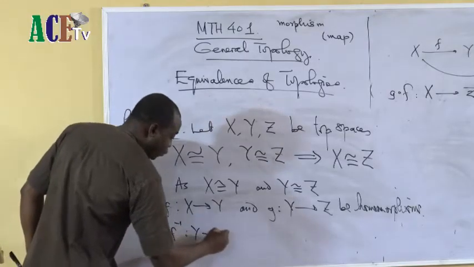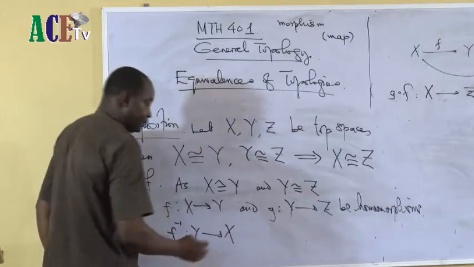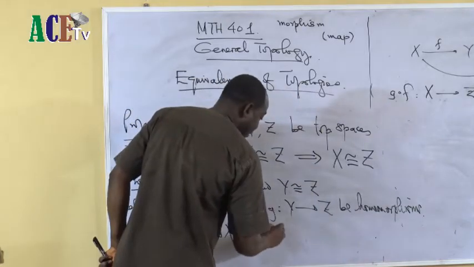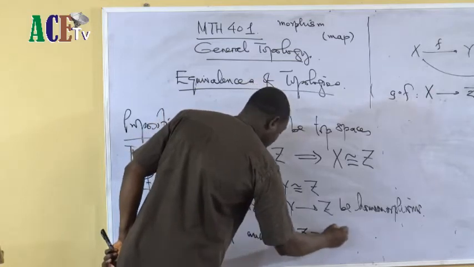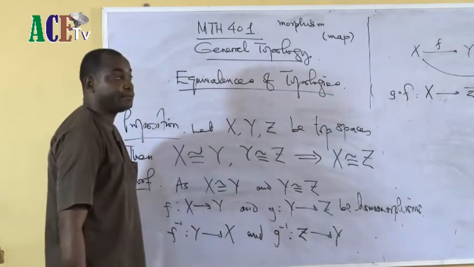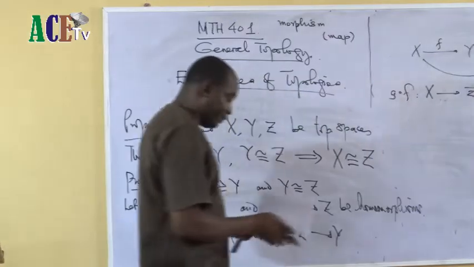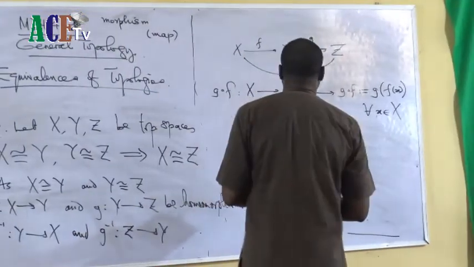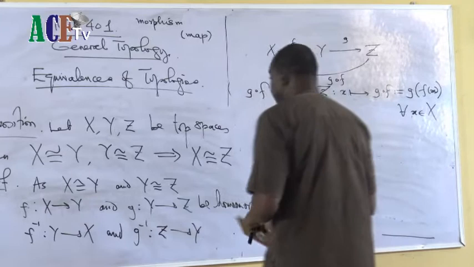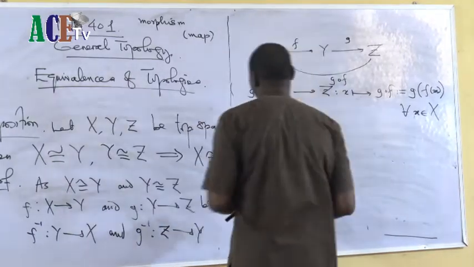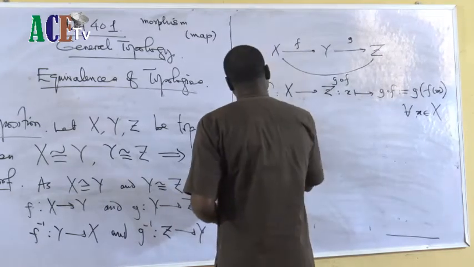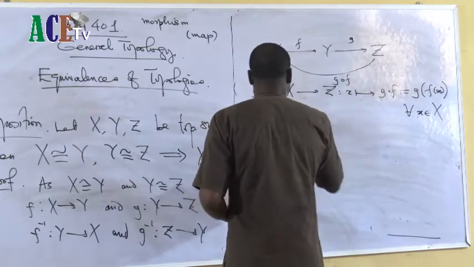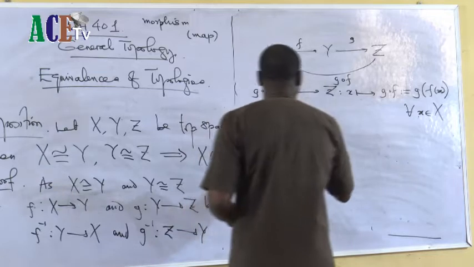It takes z to y, and this also takes y to x. So what do we do to confirm the inverse of this map? Now we want to look at the continuity.